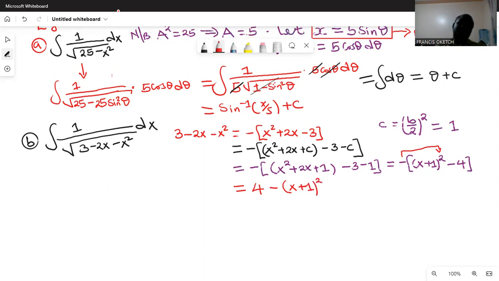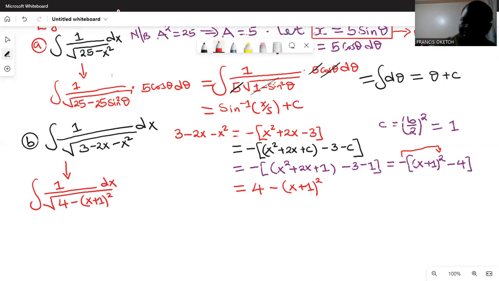So that is what we need to write now under the square root sign. So our integral will now be equal to the integral of 1 over the square root of 4 minus (x plus 1) squared dx.